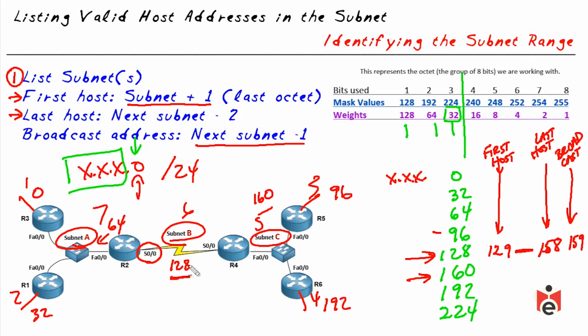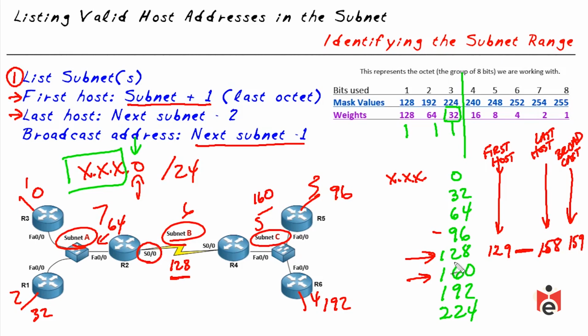So what that means to us, if we want to configure the IP addresses here on subnet B, which is more specifically subnet 128, the valid IP addresses that you and I could choose to use for any device on this network, and I'm laughing because there's only 2 here, but the range of IP addresses could be anywhere between x.x.x.129, through 158.